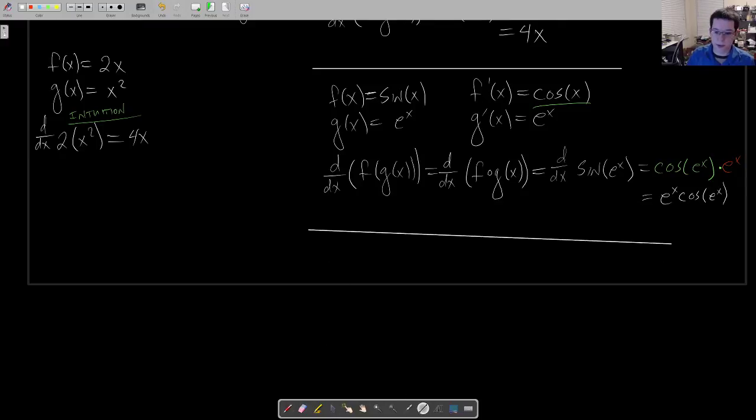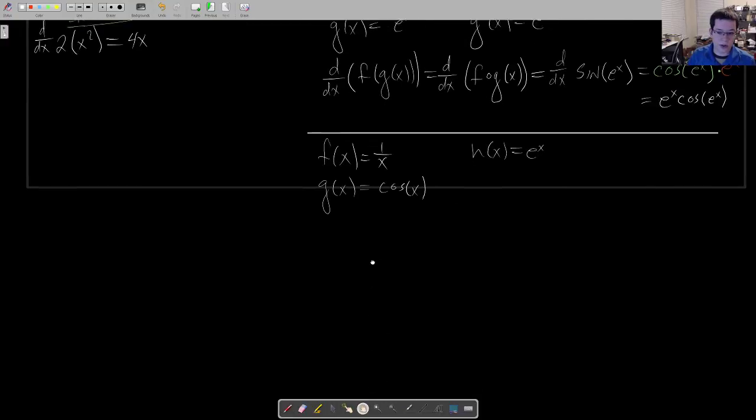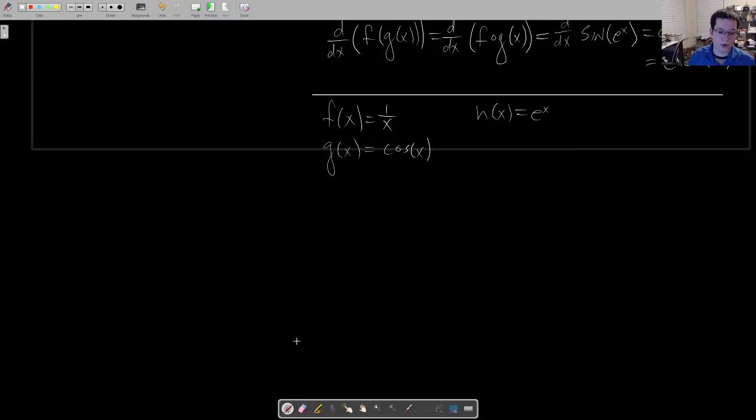Let's do another example. So let's do f of x equals 1 over x. G of x equals cosine x. I'm being all fancy on you. And then we'll do another one, h of x equals e to the x. Right? So then we will do our chain rule.